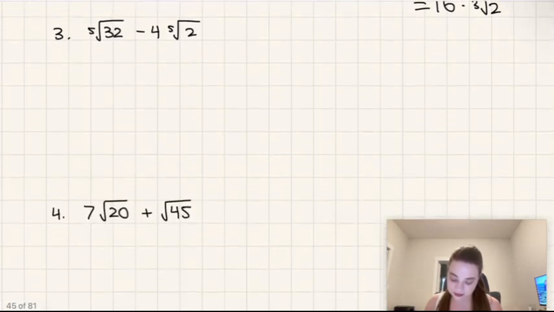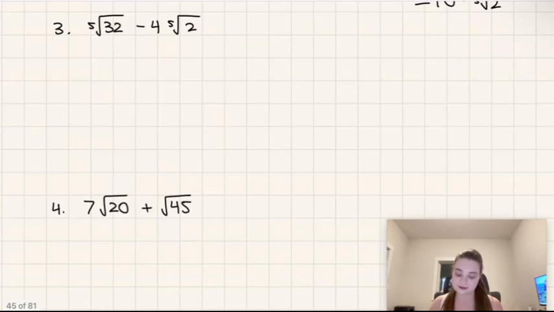All right, so there's those first two. Let's try number 3. So number 3 says fifth root of 32 minus 4 times fifth root of 2. So for this one, the fifth root of 32 is actually 2 itself, right? Because 2 to the power of 5 is 32.